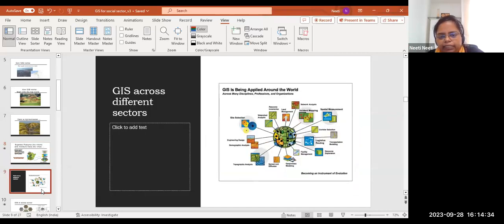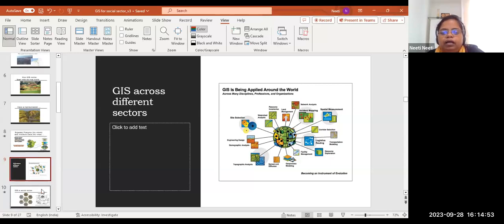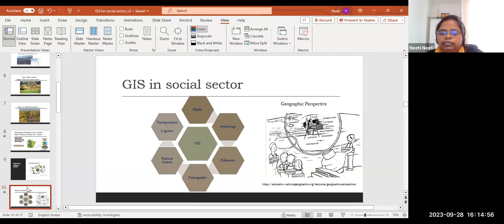There are many applications of GIS. You can see it can be utilized all around the world in many different sectors. It started more with the environmental applications, but it has reached a lot inside the social sectors as well. Here we are today to discuss different applications in the social sector. There are multiple applications in social sectors.